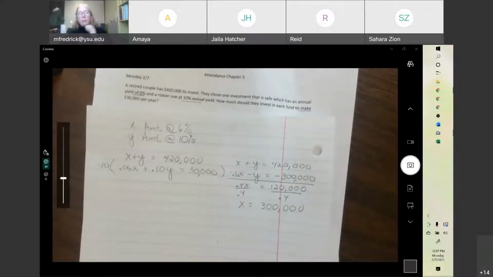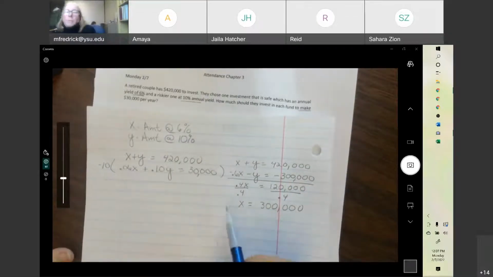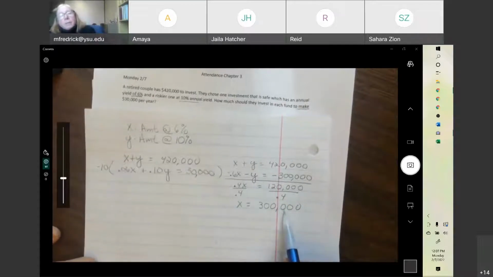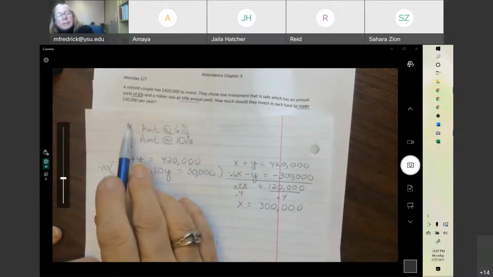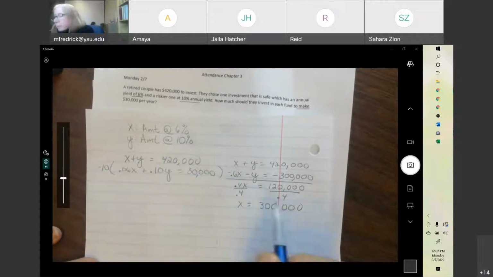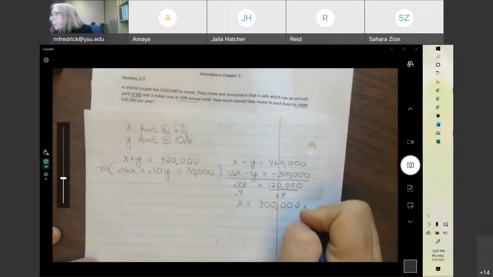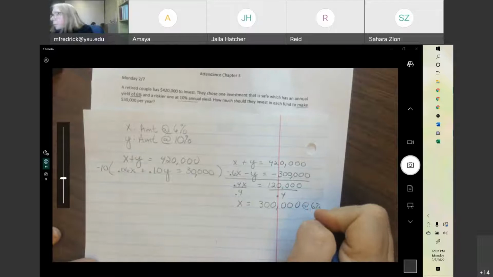Any questions on that? Well, what's the 300,000? That's X. X is the amount at 6%. So we're going to put 300,000 into the account at 6%.